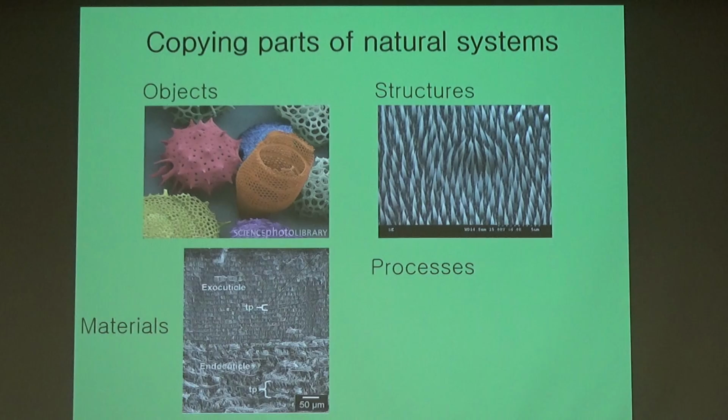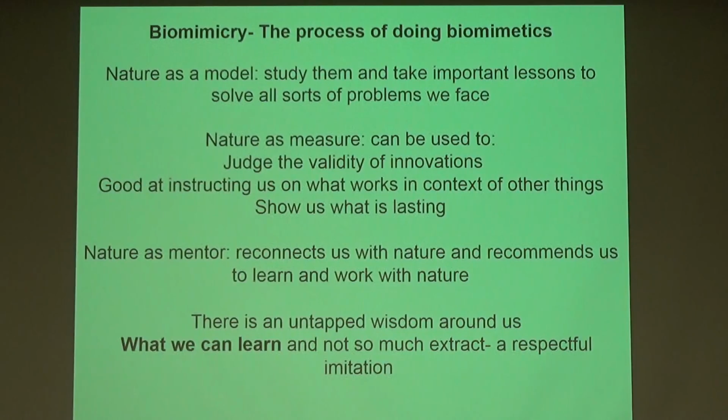So we can copy, we can imitate, we can learn from parts of natural systems such as objects on the left, these tiny little skeletons that can be used in medicine, for example, to structures, these fine little hairs that cover the skin of a lizard, to complex or compound materials, and this is nacre on the bottom left.